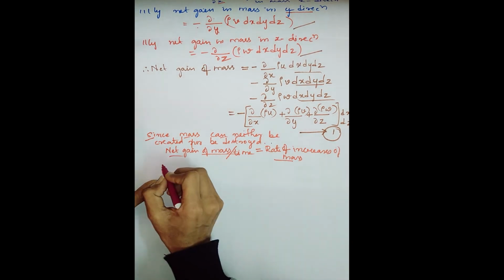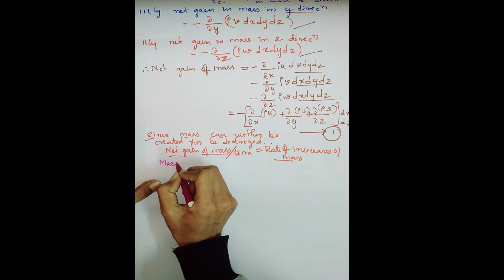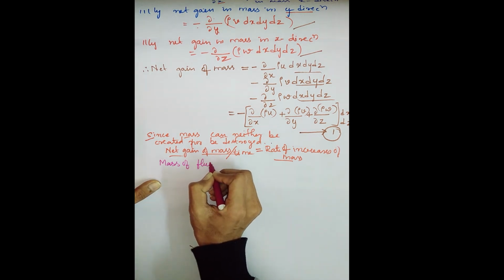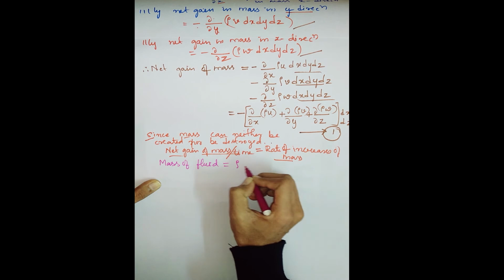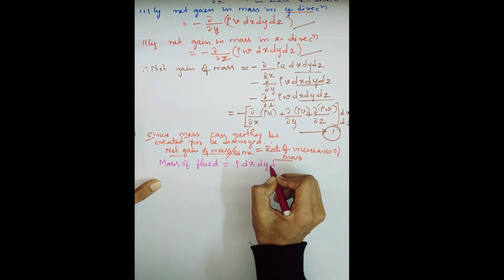The mass of a fluid is density into dx into dy into dz.